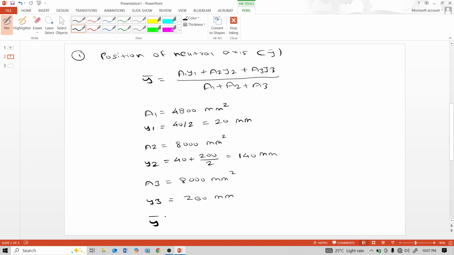Put all these values in the y bar equation: 4800 multiplied by 20 plus 8000 multiplied by 140 plus 8000 multiplied by 260, divided by 4800 plus 8000 plus 8000, which is 158.46 mm. This is the position of the neutral axis, 158.46 mm.